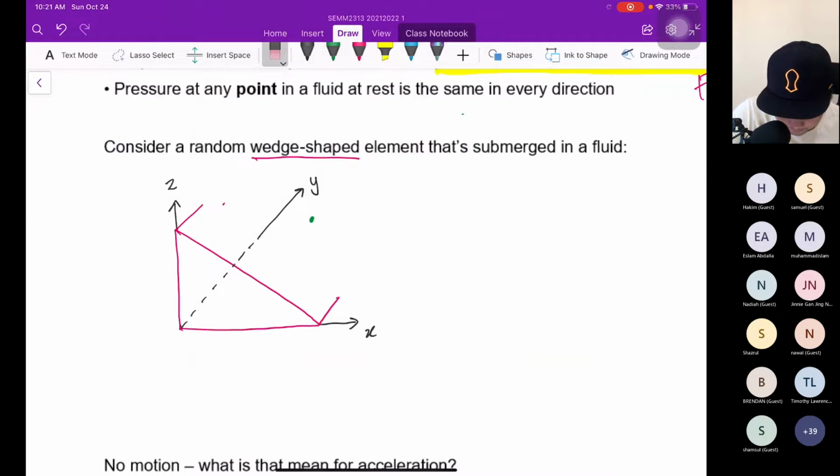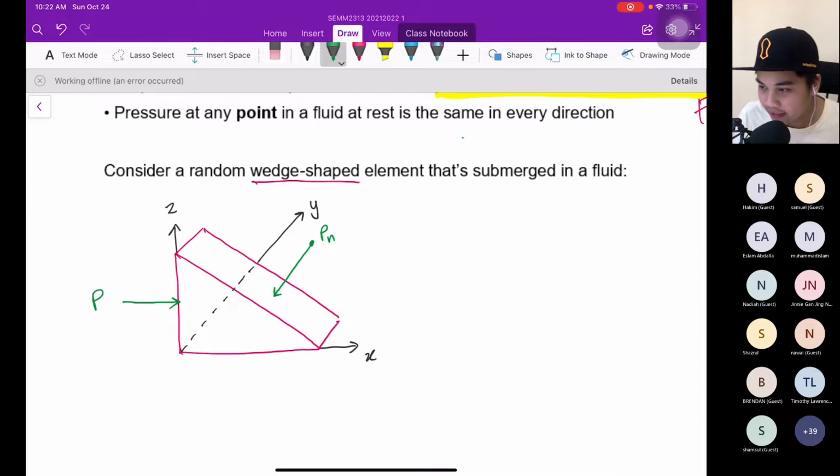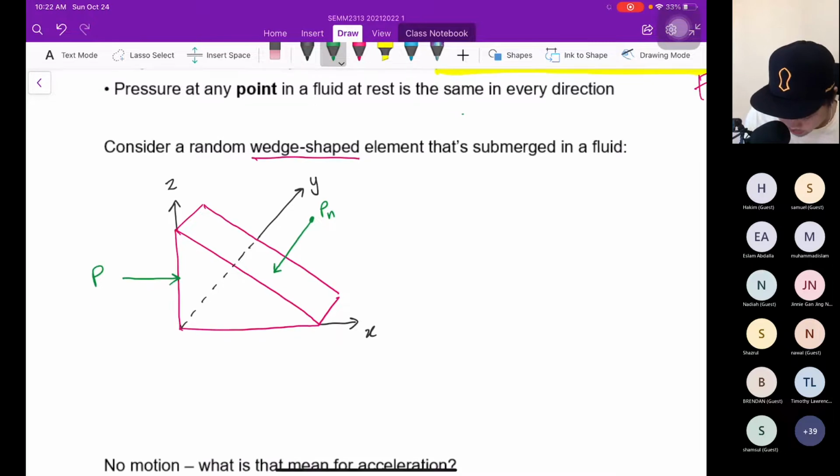We call it P N, normal. And then we have another pressure facing this direction. We call it P. Which direction of P in here? Is it Z or X? Which direction should we refer to? X, so P X. And this direction should be P Z.